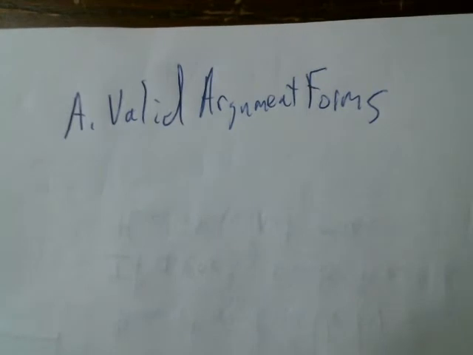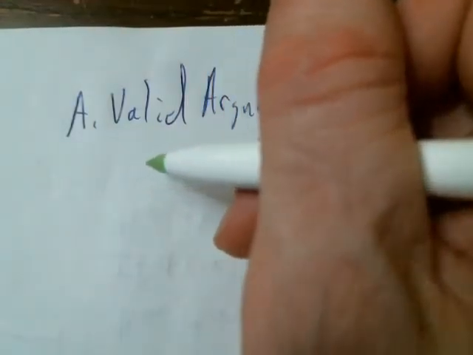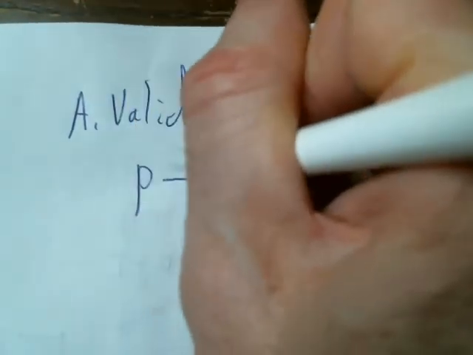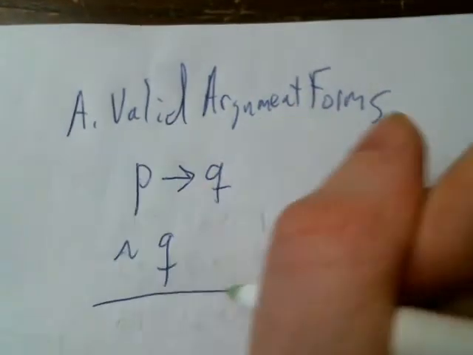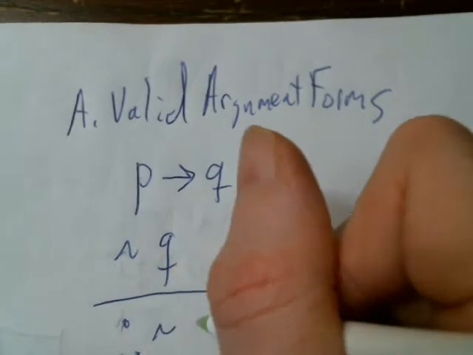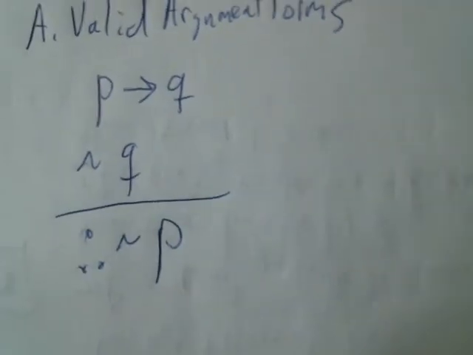In order to see it's valid, let's just take an example of an argument, right? I think the argument we just looked at: if P then Q, not Q, therefore not P. And we're going to call that modus tollens, right?